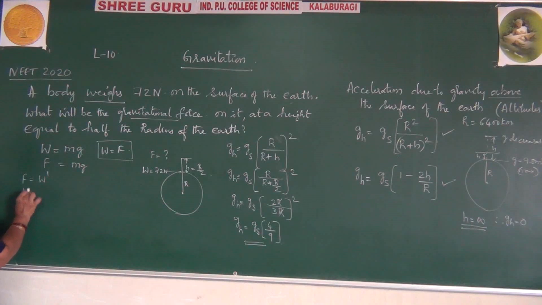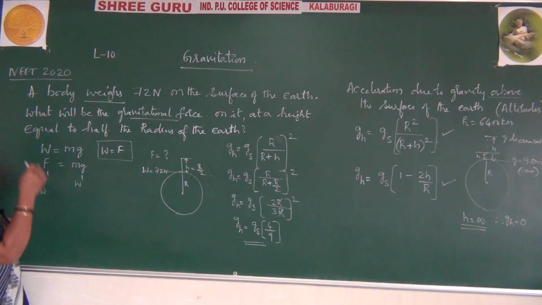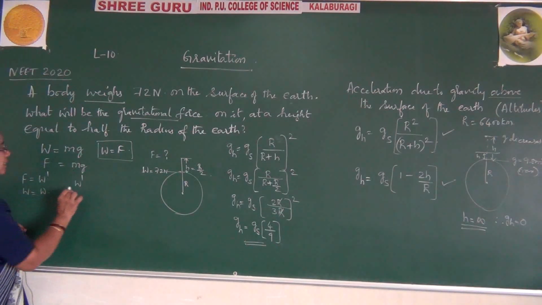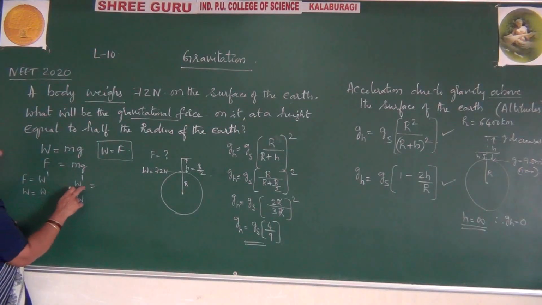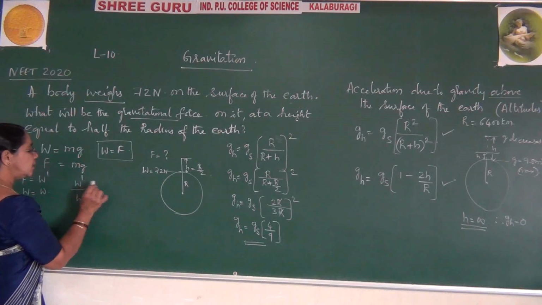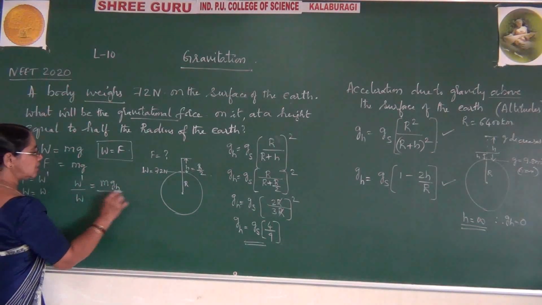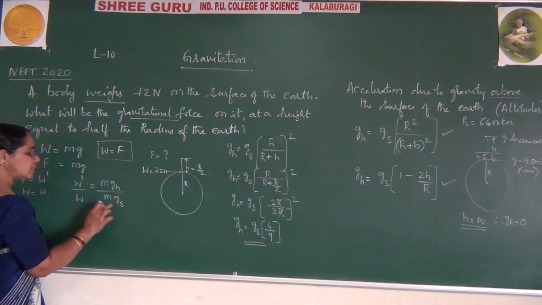For your convenience, I write the first condition which is at some height, W dash by W is equal to, you know, W dash means nothing but M into G. So I should write here M, MGH, and this becomes MGS, that is on the surface.